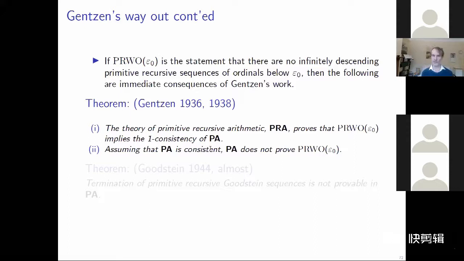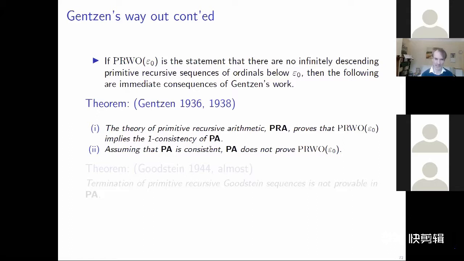And also you can then show that the statement that primitive recursive descending sequences below epsilon 0 become stationary after finitely many steps, that's a mathematical principle which is not provable in PA itself.